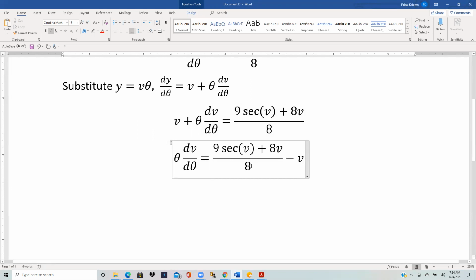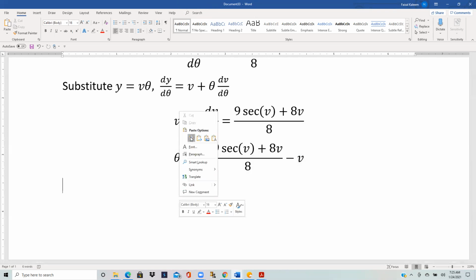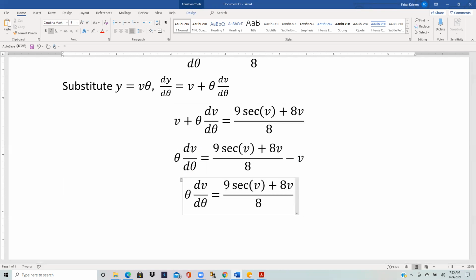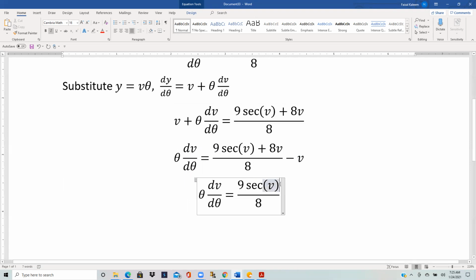And you see, when you write this v as 8v over 8, this negative 8v over 8 cancels with this 8v over 8, and this one will be canceled out with this term. So that's what we are going to get when you do the common denominator here.